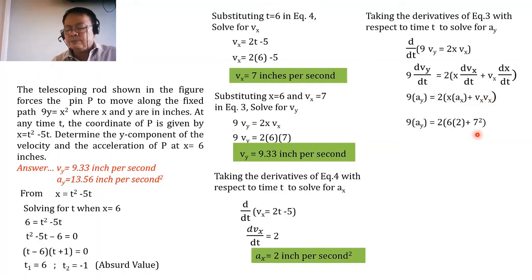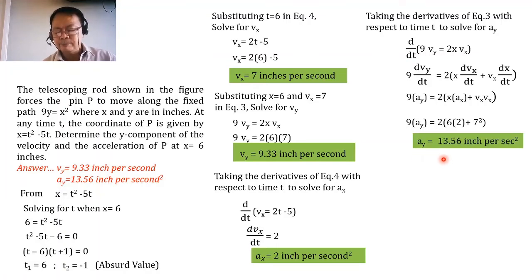So this can be simplified when substituted with the values. We have x equal to 6, a sub x equal to 2, and v sub x equal to 7. So that from here, we can substitute the values and compute for the y component of the acceleration, which when simplified will give us a value of 13.56 inches per second squared. And so that is our second problem.